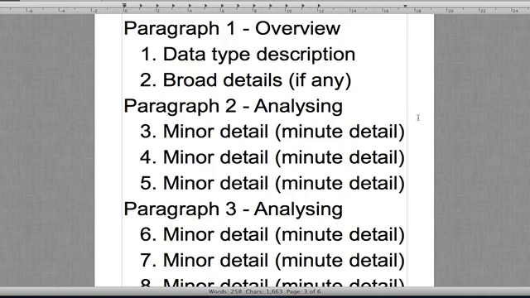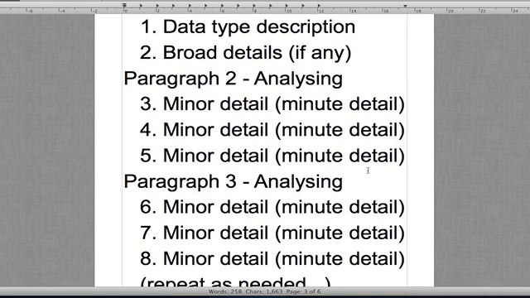So paragraph 2 would look at the rates of first marriage, and we would share minor details and punctuate these, as we were saying, with minute details, so specific figures. In the third paragraph, we would analyze the divorces and remarriage rates, and we'd be using a lot of comparative language to compare these rates, not only to each other, but also to the first marriage rates we looked at in the first analyzing paragraph.